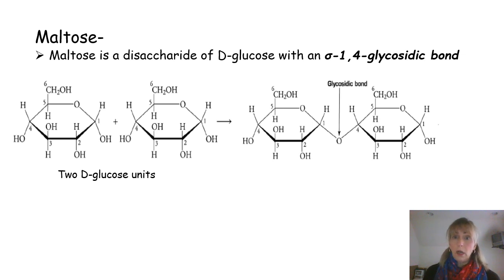So, alpha 1,4 glycosidic bond right there. And what else do we get? We also get water when these two form. When two alcohols join to give you an ether linkage, we get water, and that is our maltose. So you should be able to recognize an alpha 1,4 glycosidic bond.